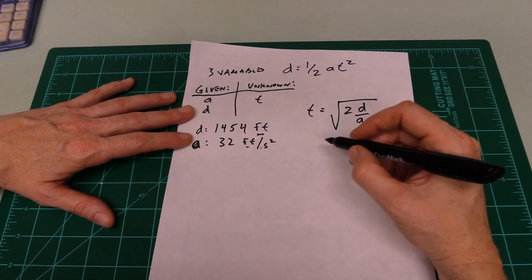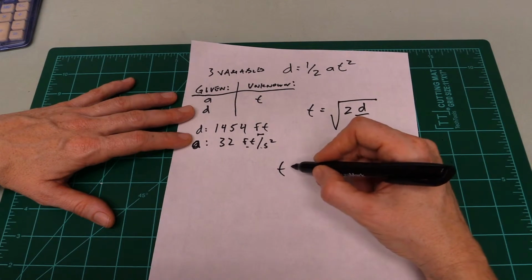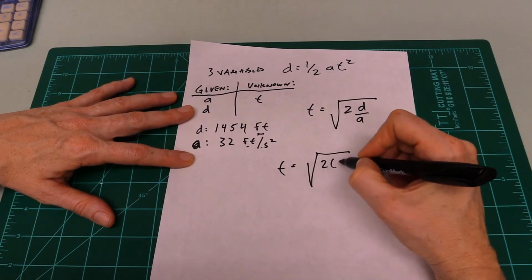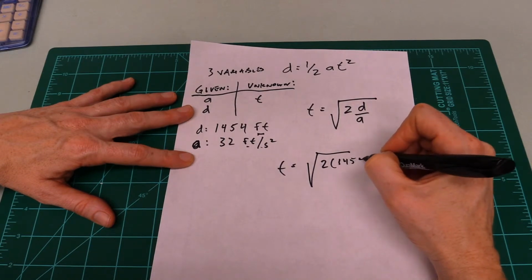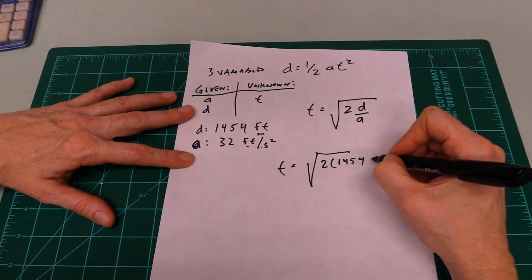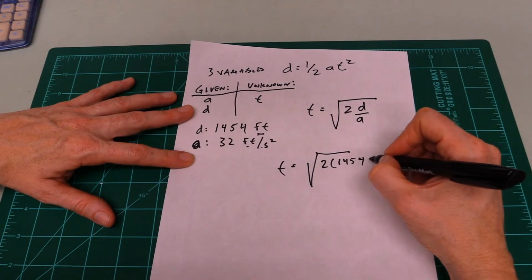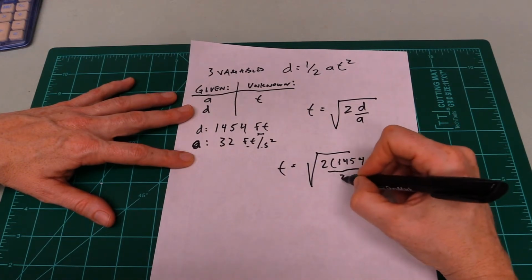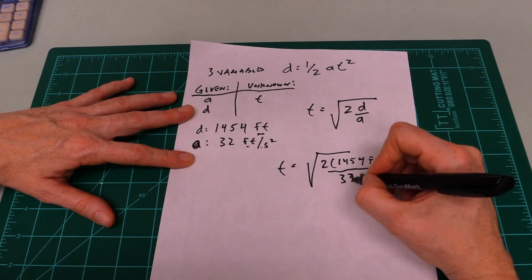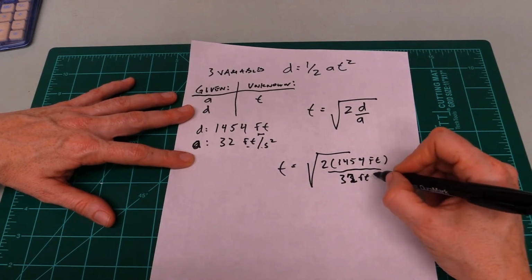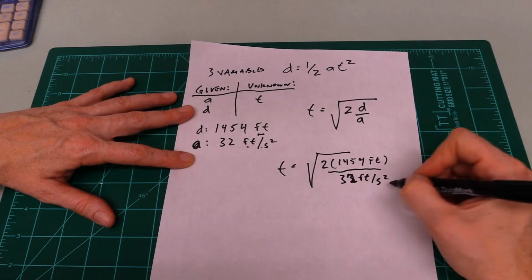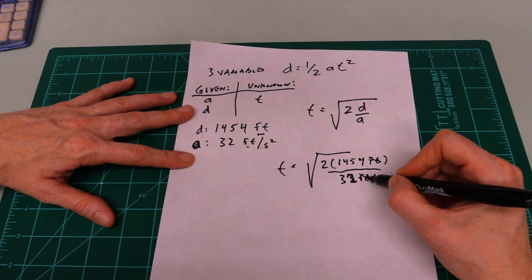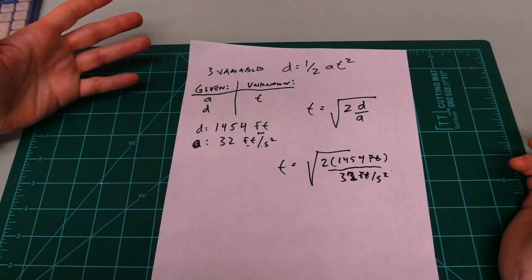So in this case, we're just going to plug in t is equal to the square root of 2 times 1454 feet, divided by 32 feet per second squared. All right, now we're going to use our units to cancel out these feet, so we're not going to be taking a square root of feet.